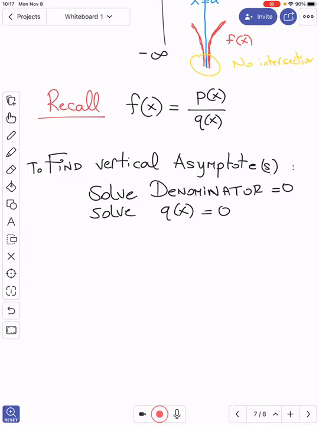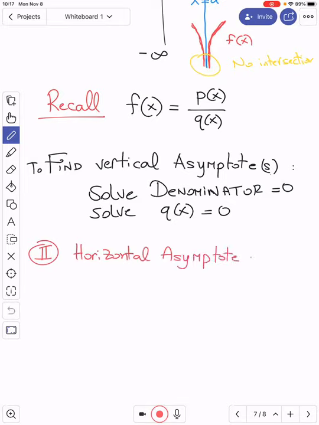Now for the horizontal asymptote, let me remind you what a horizontal asymptote is. Again, it's called horizontal because it's a horizontal line.